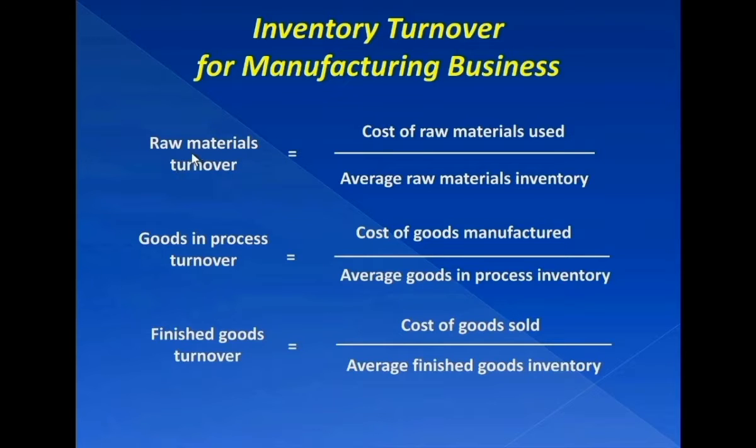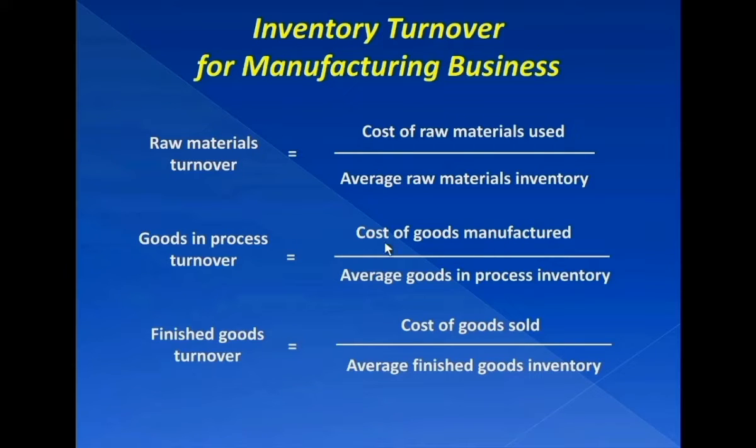Raw materials must be used in the production of goods. Hence, the numerator, cost of raw materials used. Goods in process must be continued to be manufactured for them to become finished products.